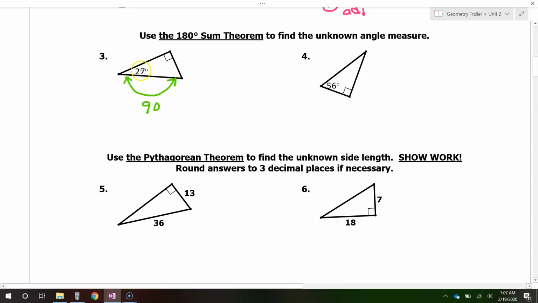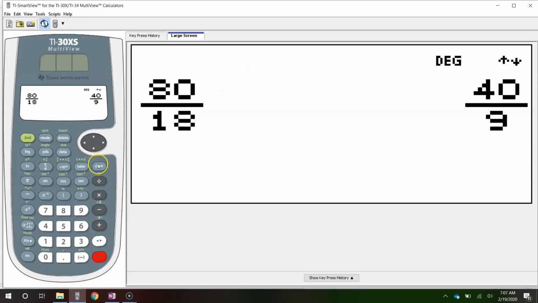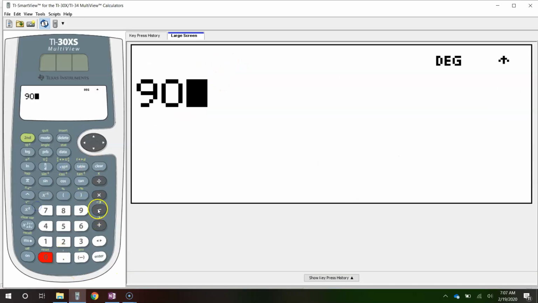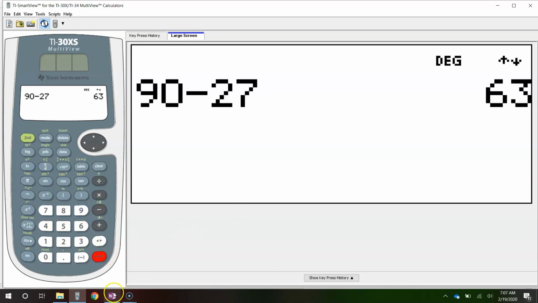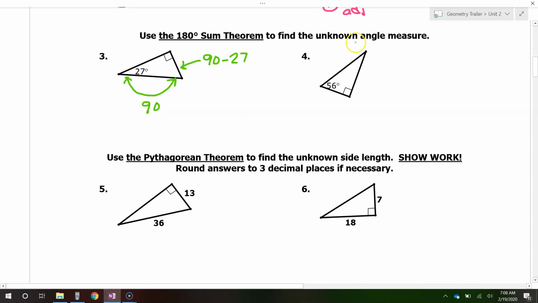So if this angle is 27 degrees, the other angle we should be able to subtract from 90. So we will do 90 minus 27. And that is 63. All right, so the unknown angle measure is 63 degrees.